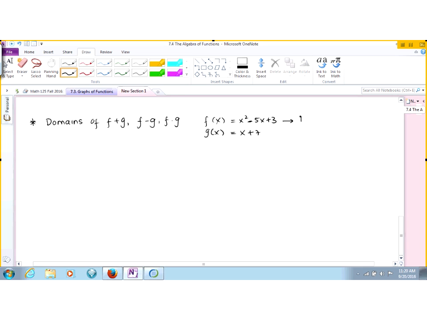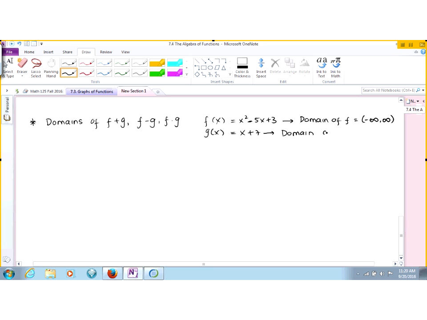Now, what is the domain? Domain of f. What is the domain of f? Parabola. What's the domain of any parabola? Negative infinity to infinity, good. You know parabola, right? Any x is possible. G of x, this is a line.